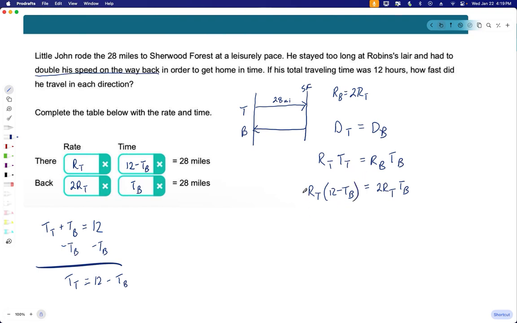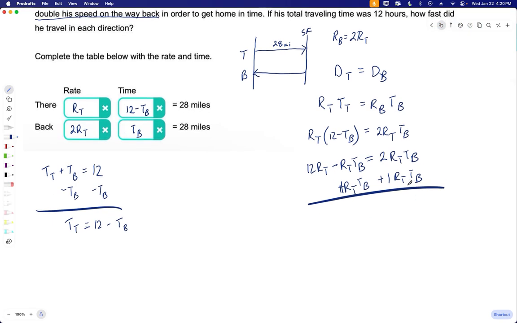So now we can do some calculations. We've got 12 RT minus RT TB is equal to 2 times RT TB. So I'm going to add 1 RT TB to both sides. This cancels.